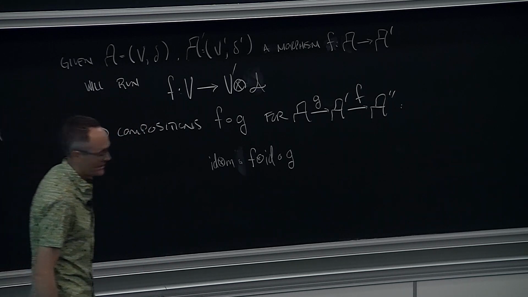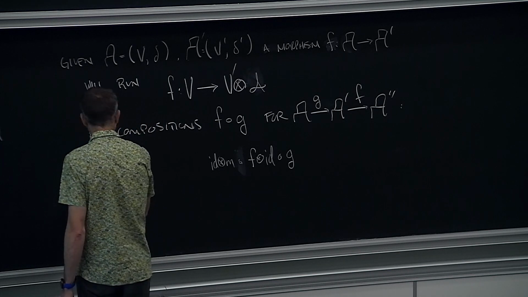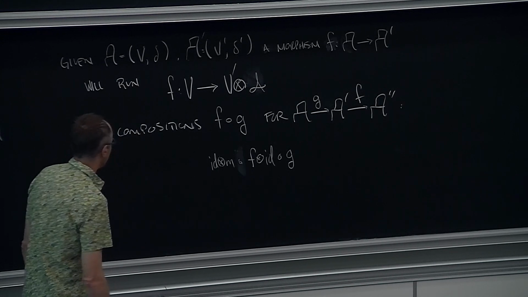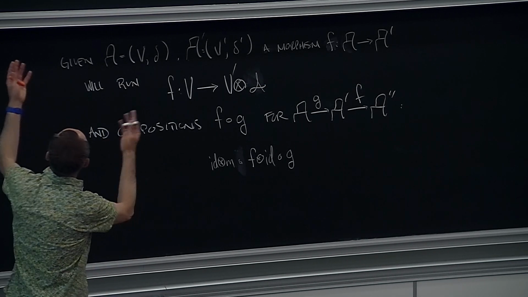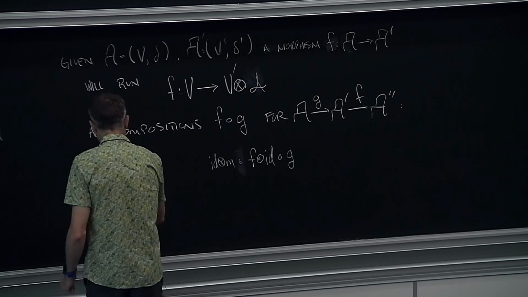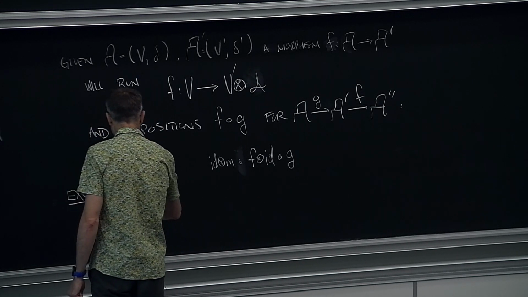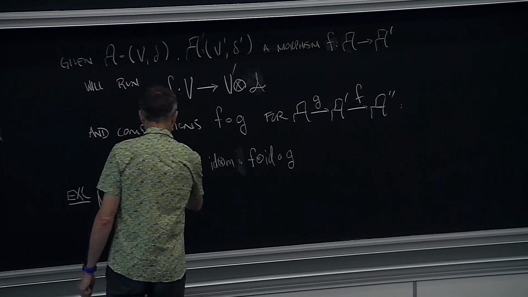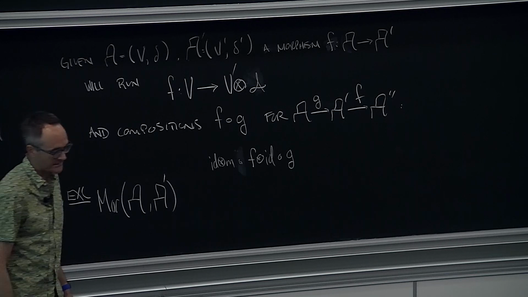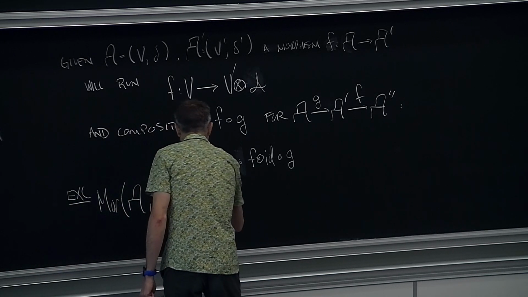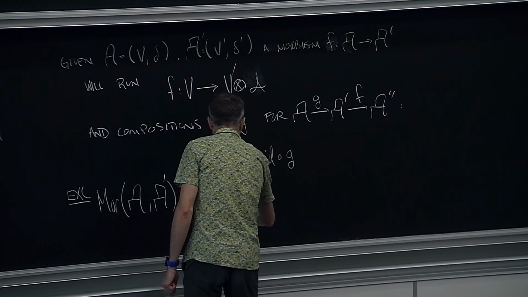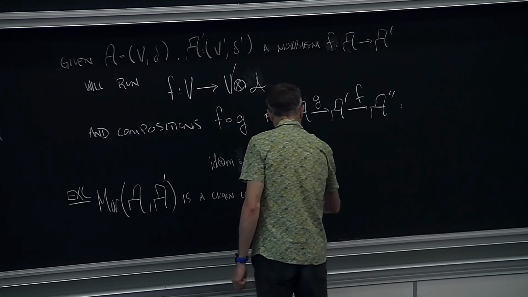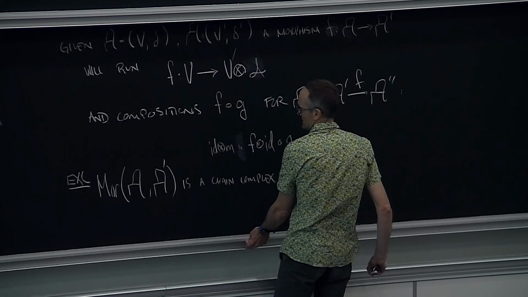Why am I telling you this? Well, one way to get a sense of how these are remixing the other two settings is you could now look at morphisms from D to D prime. And so this is a chain complex. And how is that going to be a chain complex?